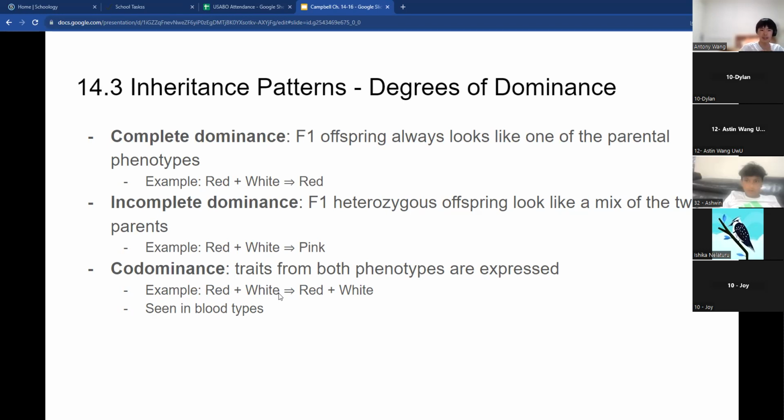What you're going to see instead is some petals are red and some petals are white, so you have a flower with both red and white petals. You should keep in mind that blood type is codominant. Blood type has three alleles: an allele for A, an allele for B, and an allele for O.